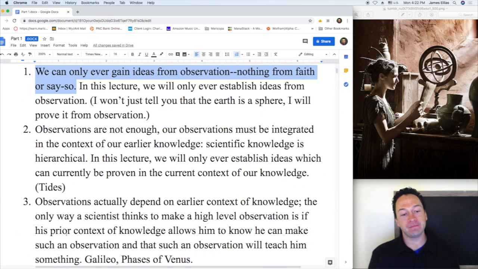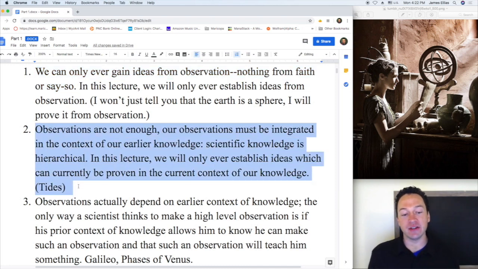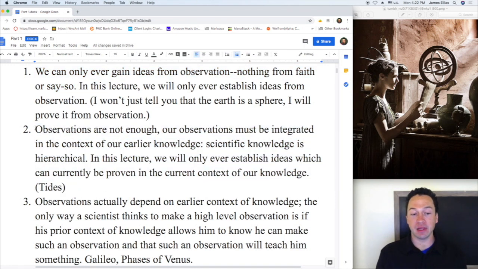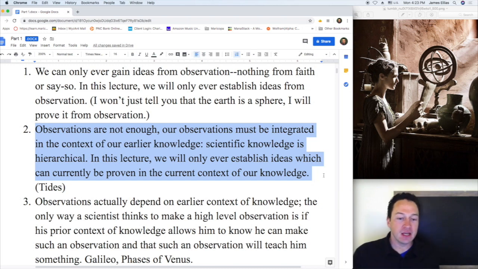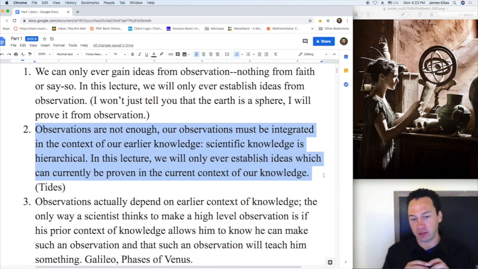Number two, second principle of induction we will be learning over the course of this course. Observations on their own are not enough. Our observations must be integrated, must be put together in the context of our earlier knowledge. Scientific knowledge is hierarchical.